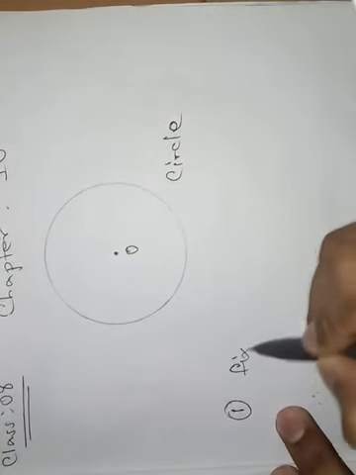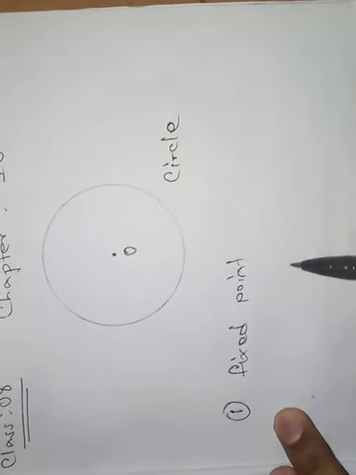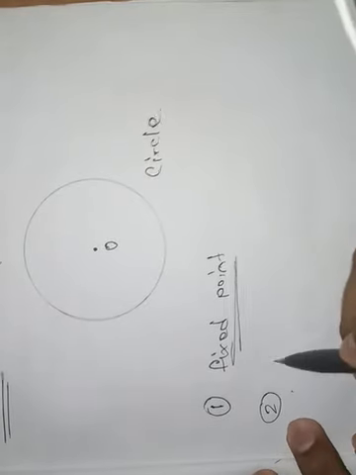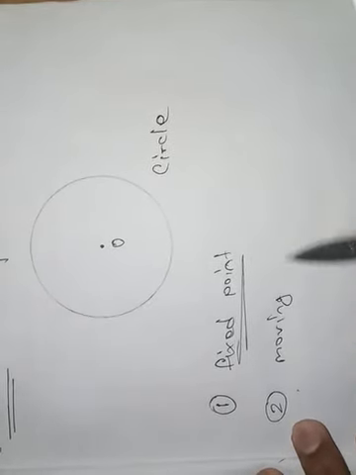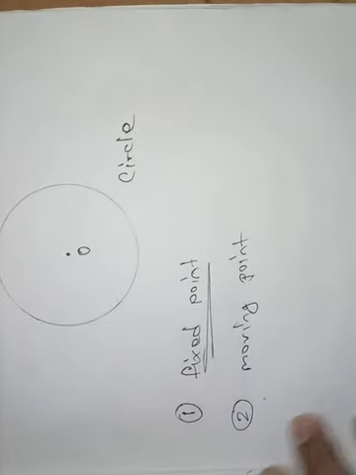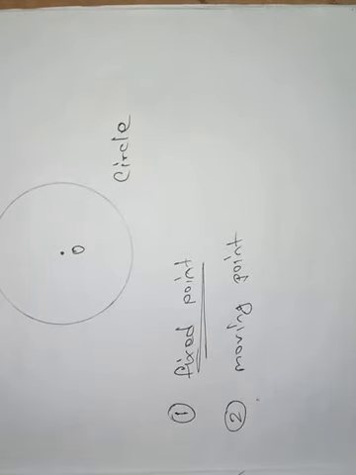One is a fixed point, and the second is a moving point. One should be fixed and another can move around the fixed point.